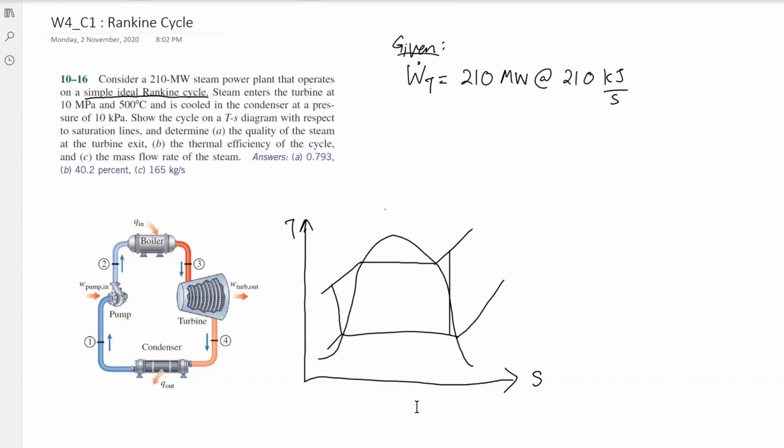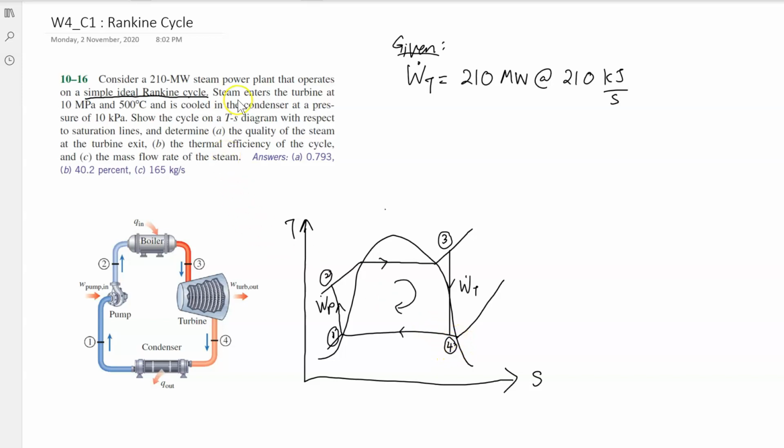So we have state 1, which is the inlet to your pump, and state 2, which is the outlet of your pump, and then state 3, going out from your pump into the boiler and going out from your boiler into your turbine. So this is actually the work of your turbine, and this is actually the work of your pump. Okay, so it is in a clockwise manner, right? So this is finally state number 4.